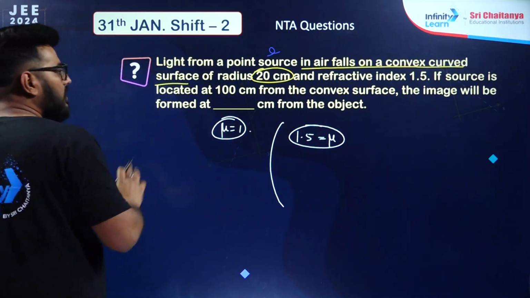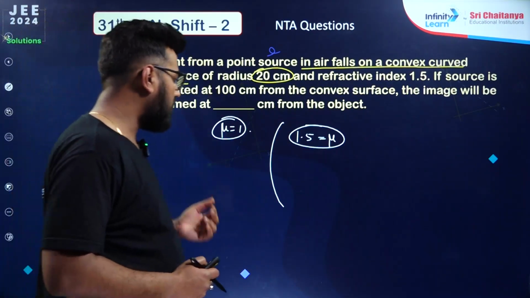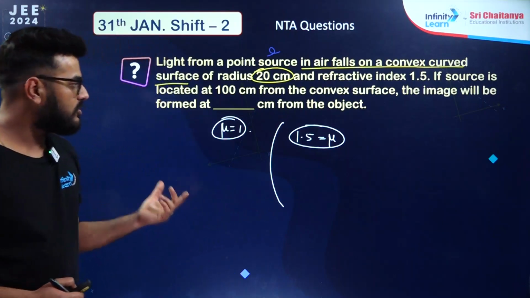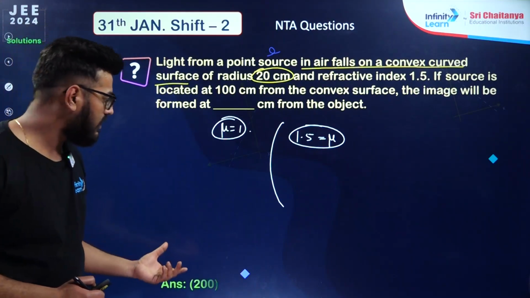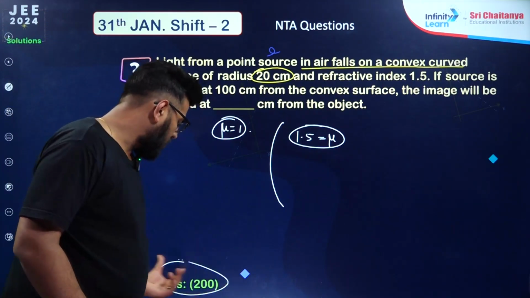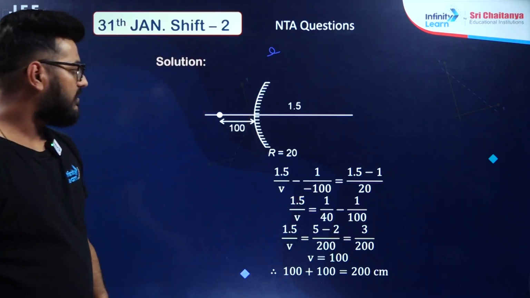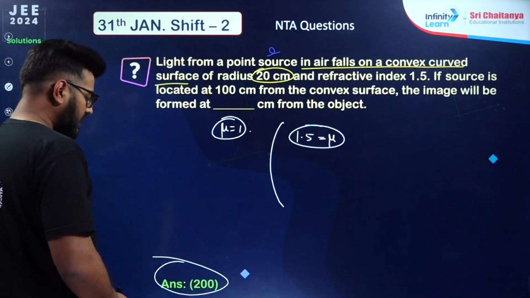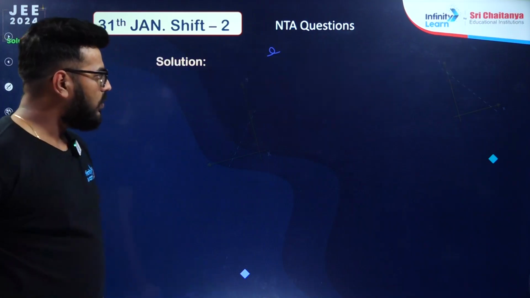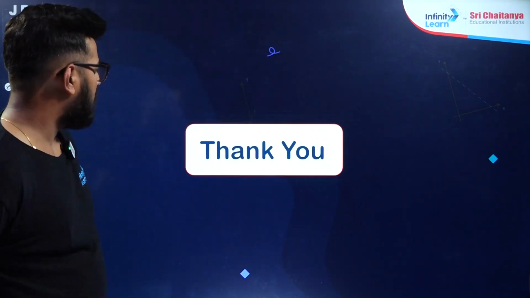You just need to find out the image. So it's a simple formula, mu2 upon v minus mu1 upon u equals mu2 minus mu1 upon capital R. Based on this, the correct answer will be 200. Everything is given, the correct answer will be 200 over here. Okay, I hope you have understood this.